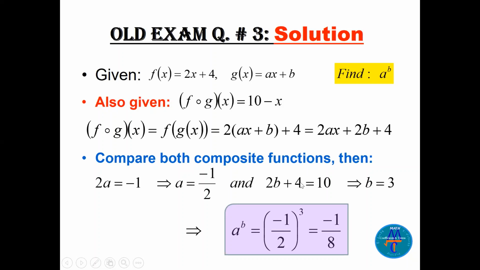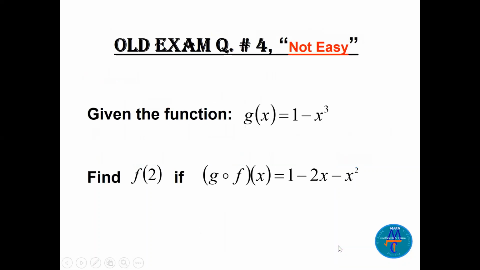So 2b plus 4 is equal to 10, so we get b equals 3. And 2a is equal to minus 1, the coefficient of the x. Little tricky. So a is minus half and b is 3. So minus half to the power 3 is minus 1 over 8, the answer.